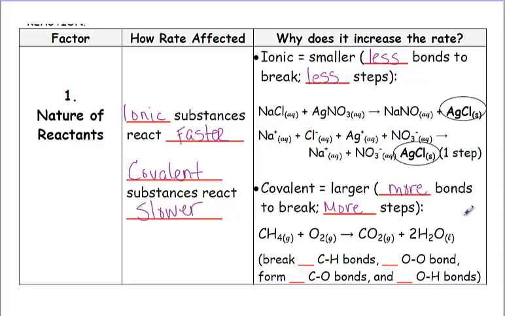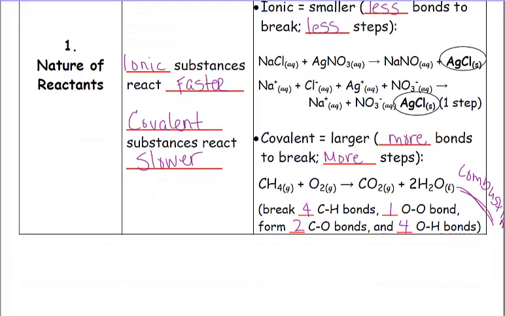This is combustion, okay, just to remind you guys. What we need to do is we need to break the 4 CH bonds and the 1 O2 bond to form 2 carbon dioxide bonds and 4 OH bonds, okay, between the H2O. So there's a total of 4. So in order to do that, you have several more steps to work.